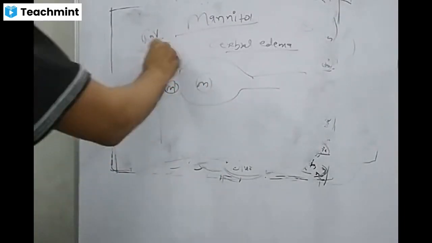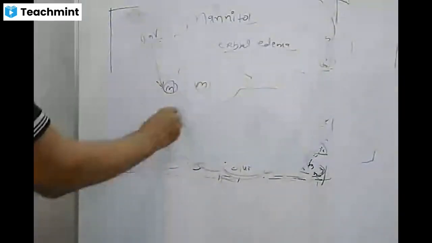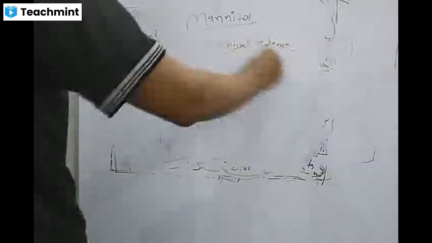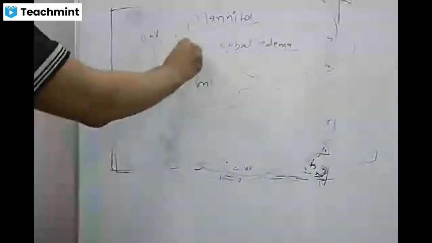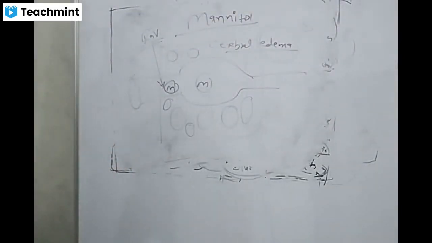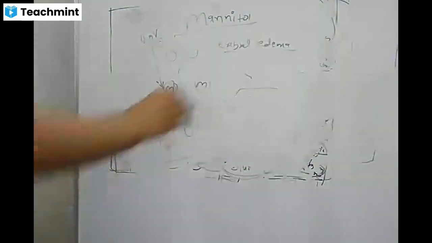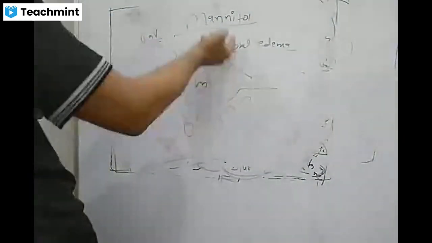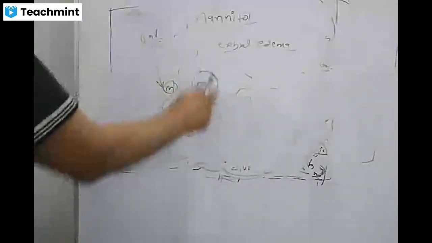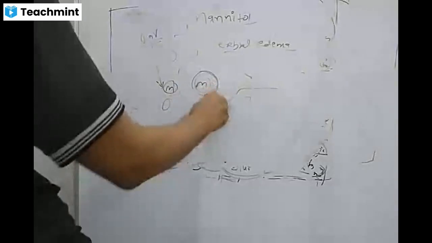This is the compartment of the brain which is filled with water because there is cerebral edema, a lot of water. But the property of mannitol is that it will not come out from the capillary. Still present within the capillary, it will attract water.